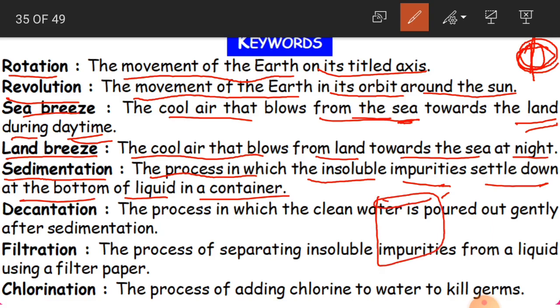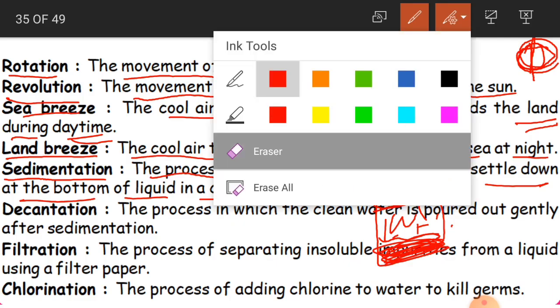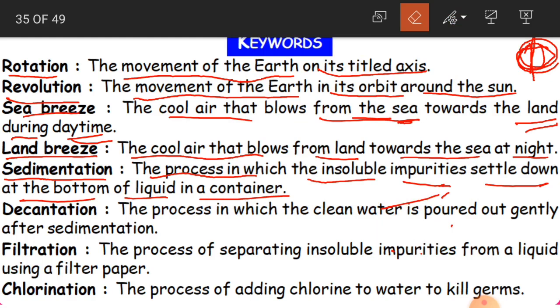If this is the container and this is all the water, all the impurities are going to settle down at the bottom. This is known as what, children? Sedimentation. Clear?